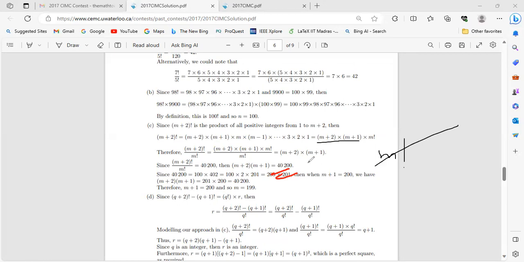So one way to do that: we have to find two numbers that multiply to 40200 with a difference of one, right? Then 200 and 201 are the only two numbers with a difference of one. So m plus 1 is 200 and m plus 2 is 201. So m is 199. Yeah, which gives 40200. So you can easily find the value of m by just equating one of the factors to 200. m is 199.